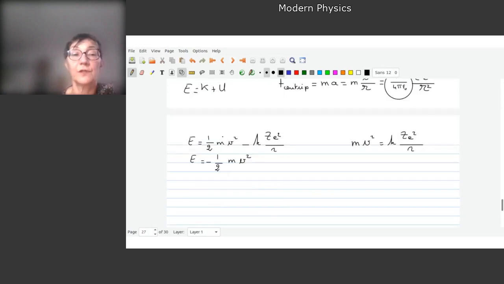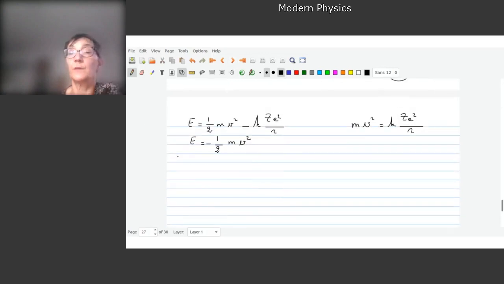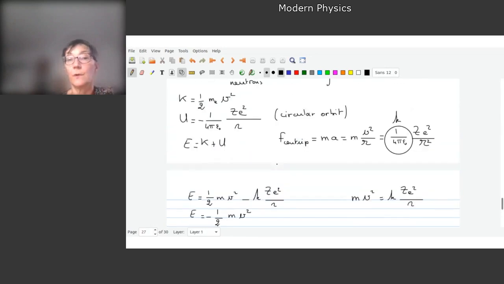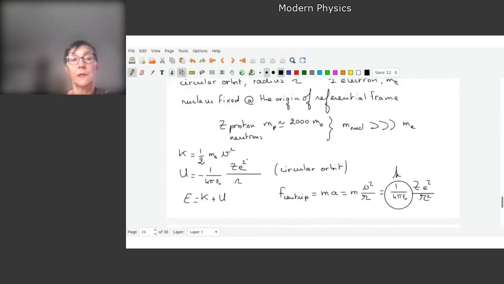Actually, you know that from gravitational force, we have the same result for circular orbits of satellites. So the total energy is negative, and this is minus the kinetic energy of the satellite.